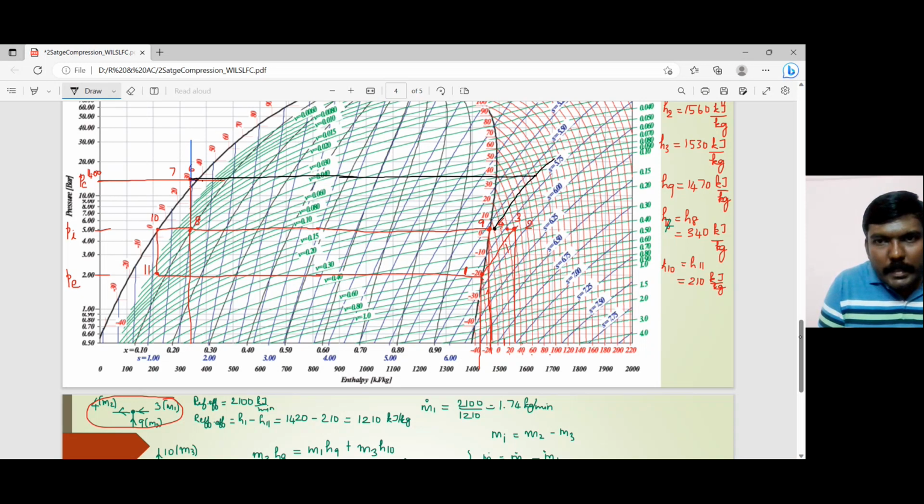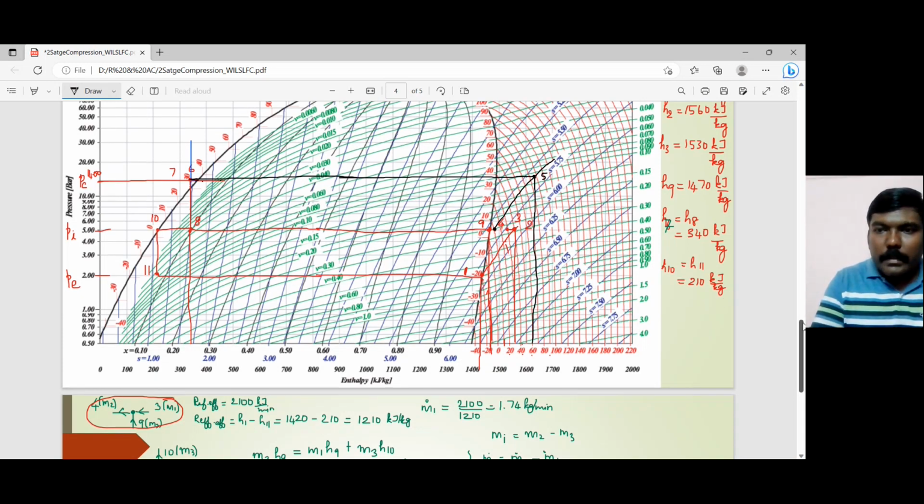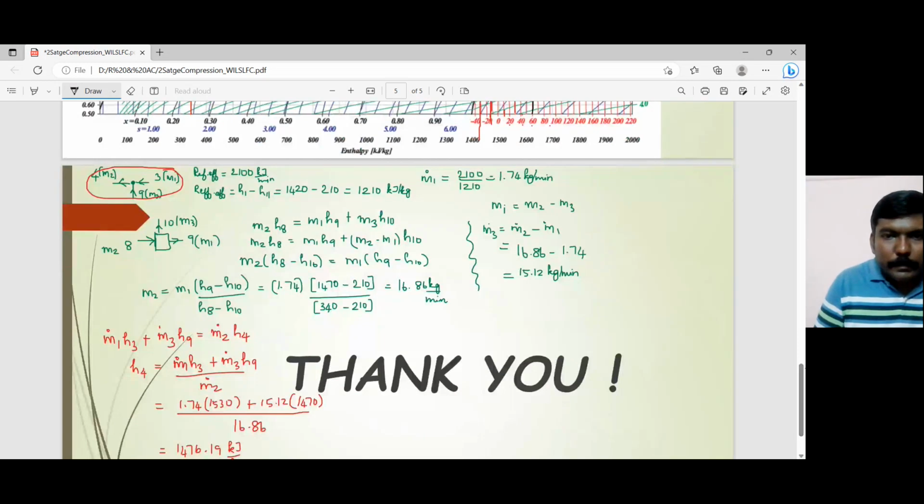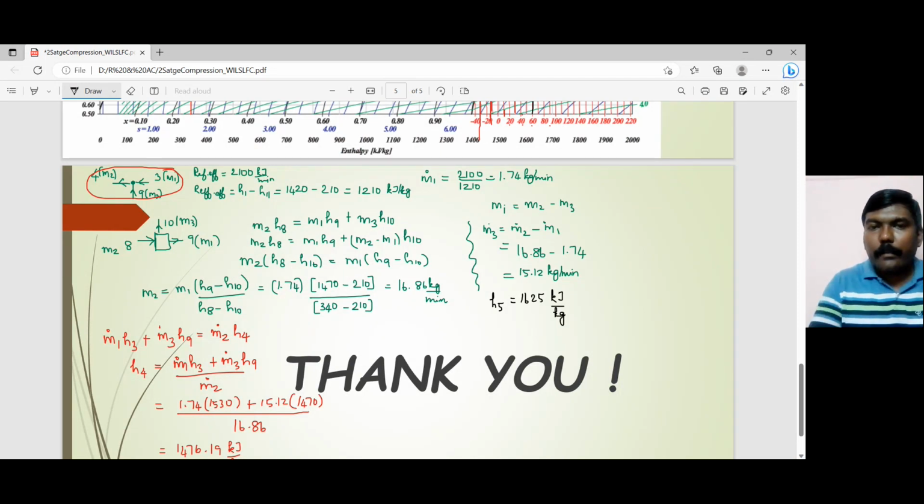So this is my, say, point number 5. Point number 5, I drop a perpendicular from here. Say it is closer to 1600, 1625 maybe. So H5 is 1625 kilojoule per kilogram. So now we have identified everything.